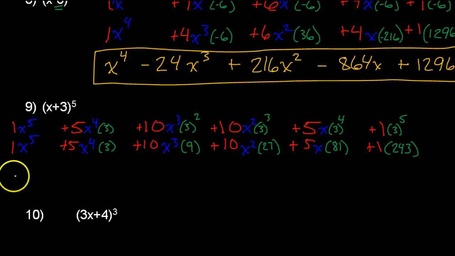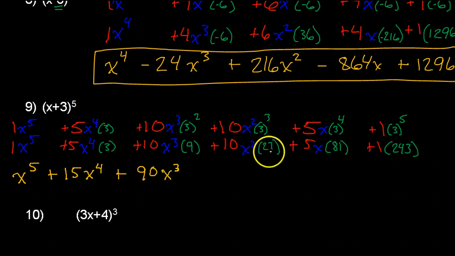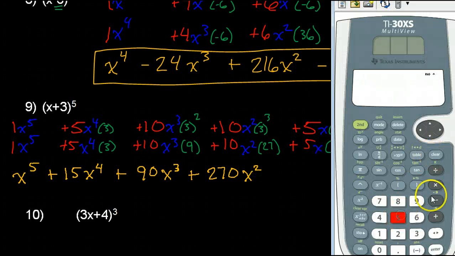So this is going to be just x to the 5th power. 3 times 5 is 15, so 15x to the 4th power. 10 times 9 is 90, so plus 90x to the 3rd power. 10 times 27 is 270, so plus 270x squared. 5 times 81, need a little help on that one.